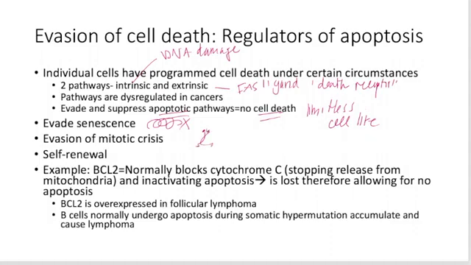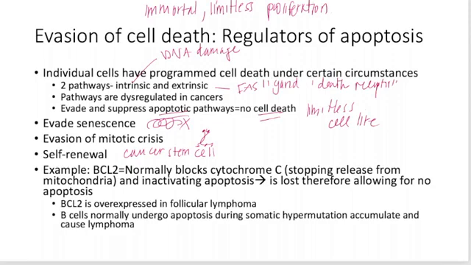As cell senescence happens, these telomeres shorten, and that process eventually leads to cell death. What happens for cancer cells is that they never hit the mitotic crisis. There's also self-renewal, so cancer cells are basically immortal, with limitless proliferation.